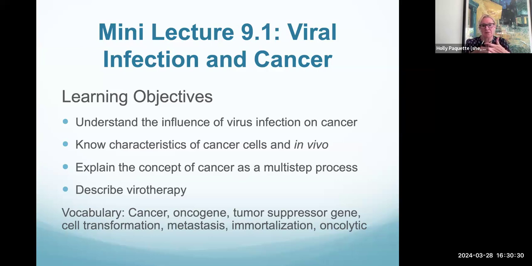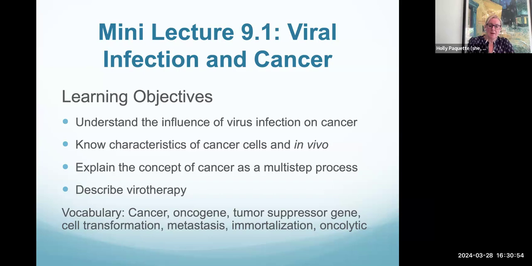So the learning objectives for this particular lecture should include the influence of virus infection on cancer. Also, you should know the characteristics of cancer cells in vivo. And that just means in a living person. We'll look at that and get some idea of what those characteristics of cancer cells are after we've already defined cancer.